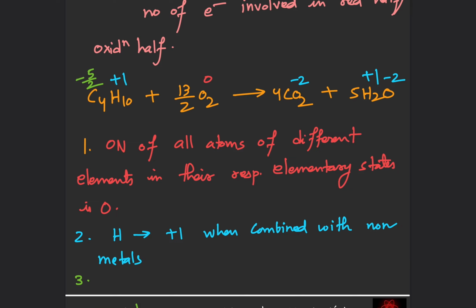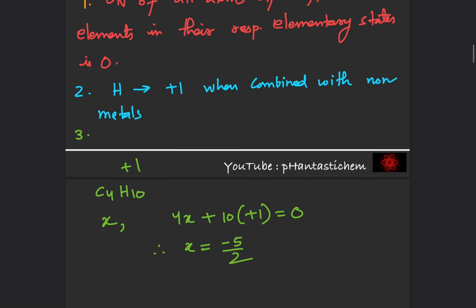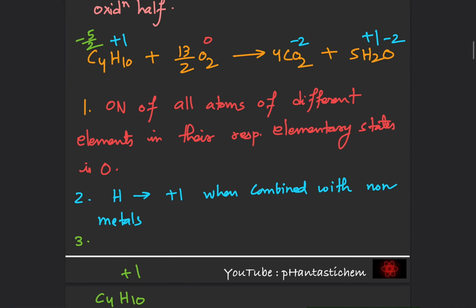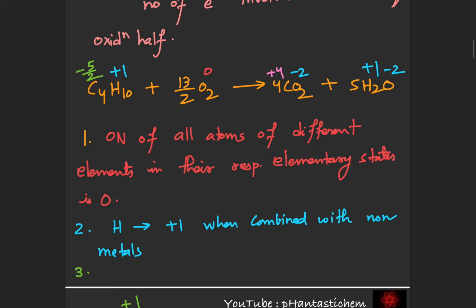And to calculate the oxidation number of carbon in CO2, assume it as X. For oxygen we know it is minus 2, so X plus 2 into minus 2 is going to be 0, so X is going to be plus 4, so it is plus 4 here.